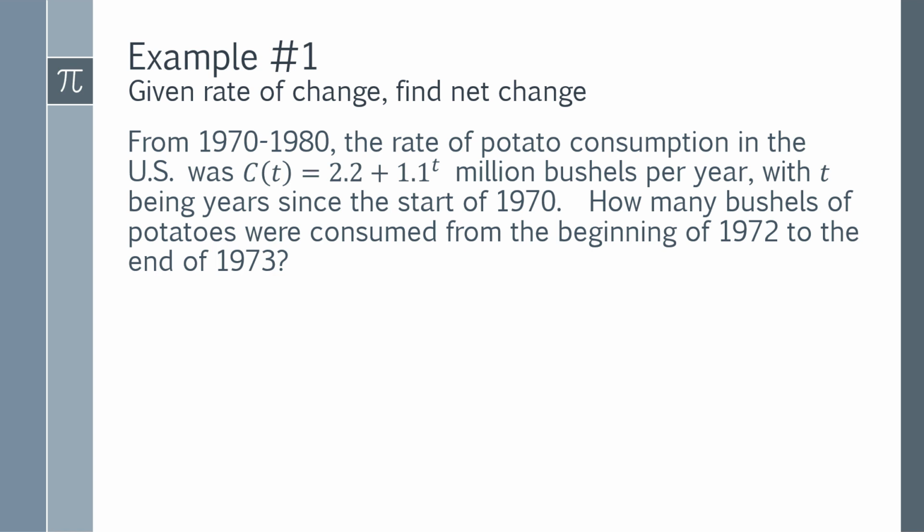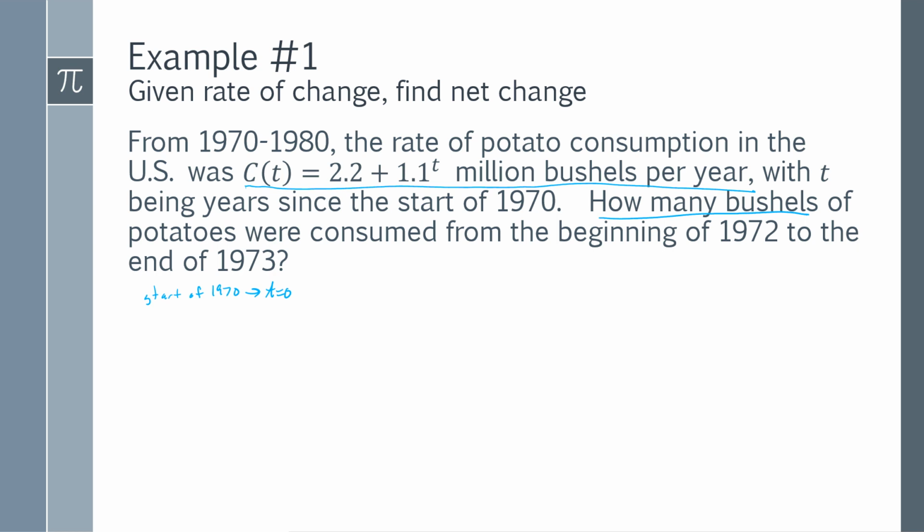So in other words, if I'm thinking that the start of 1970, that would mean t is 0. How many bushels of potatoes were consumed from the beginning of 1972 to the end of 1973? Well, when I see that I'm given a rate, but they're asking me how many, that's a clue that I need to accumulate the rate.